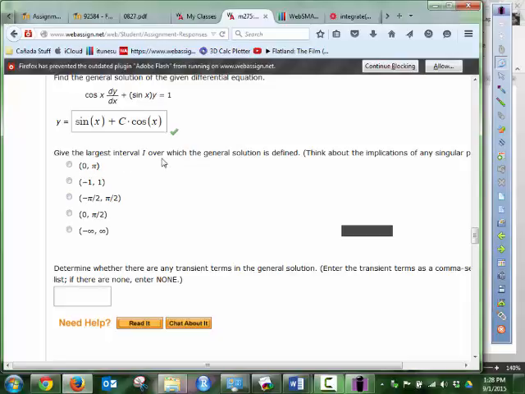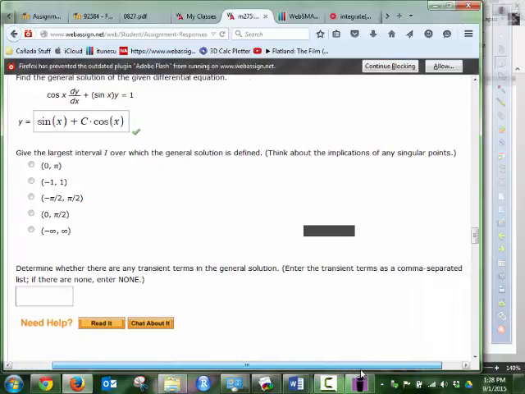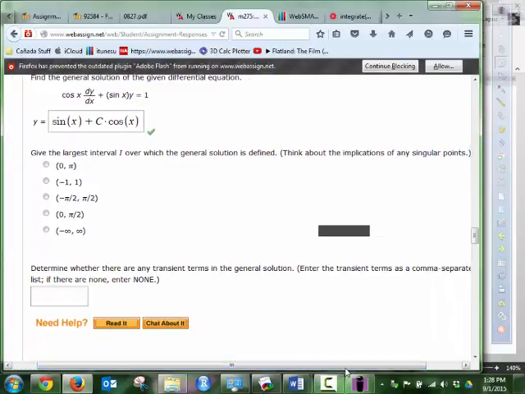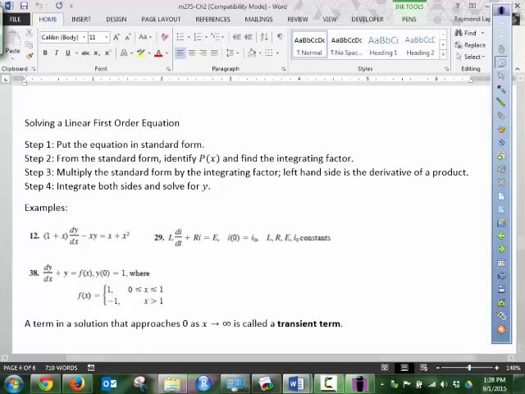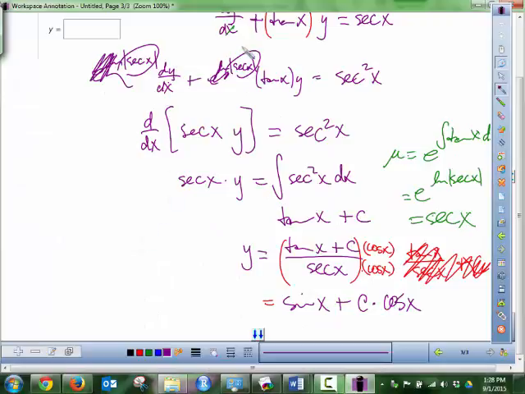Think about implications of any singular points. So we didn't formally define a singular point, but a singular point is when you first divided by that. When we first divided by, what did we divide by first? Cosine x.